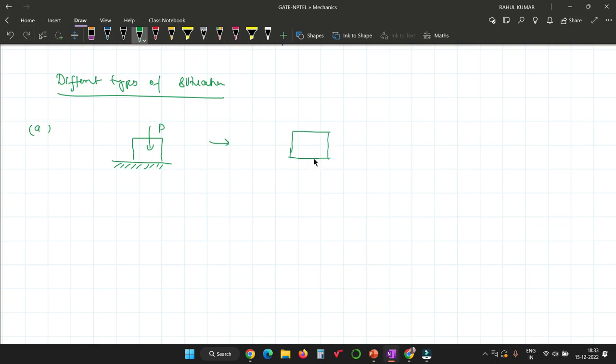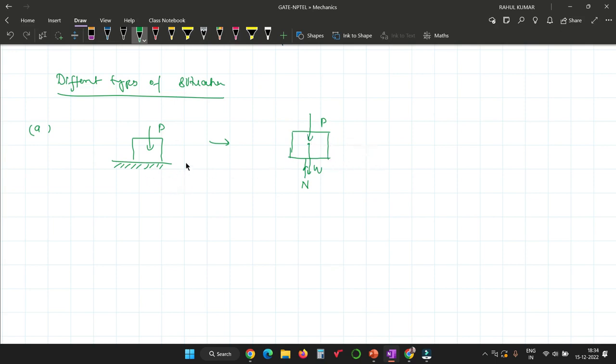The surface will exert a normal reaction N. Don't get confused: N passes exactly through the center of gravity, and if I draw it exactly along the line you would be confused, so I'm showing it at some distance. Here the weight is W, and the external force P acts in this direction. This is the FBD.